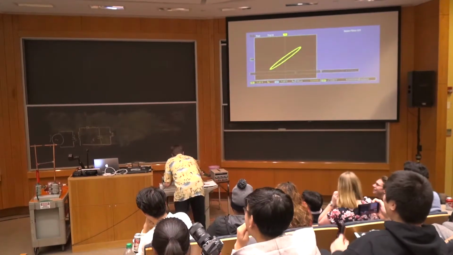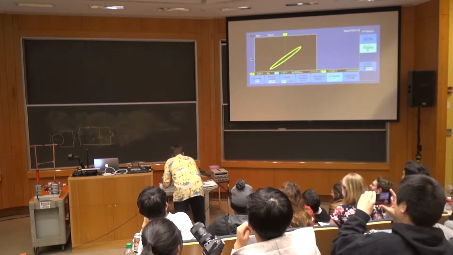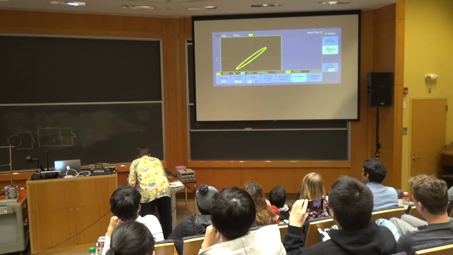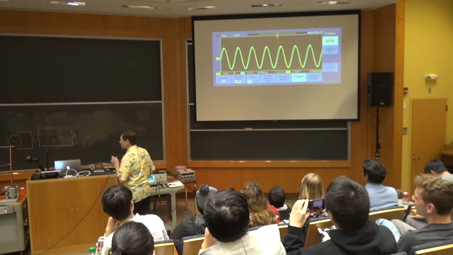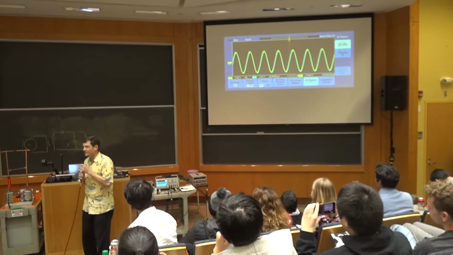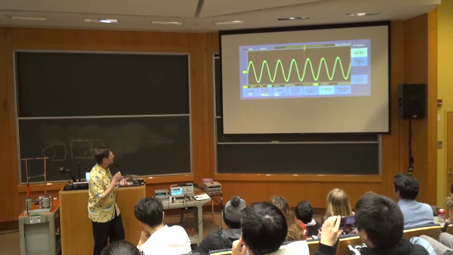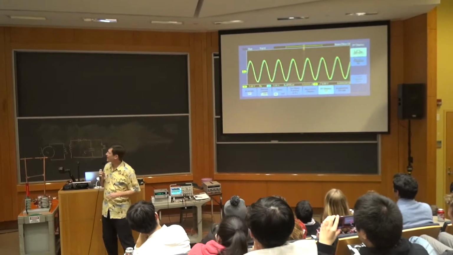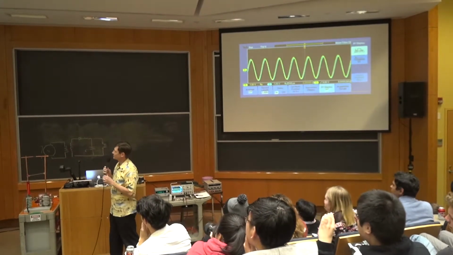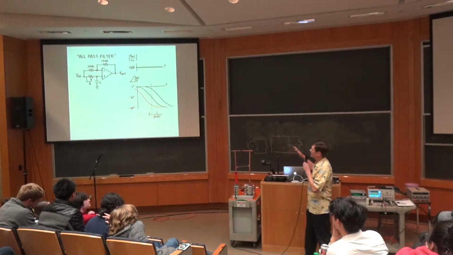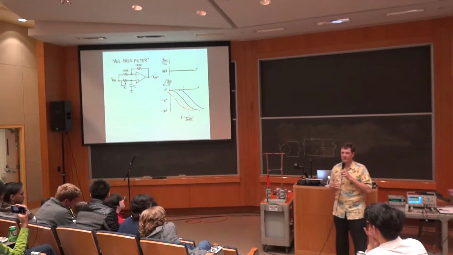What I can do here, let's see. So here on the scope, we're showing in the time domain the two waveforms, the input and the output. I'm coming in at about 8 kilohertz, and I've made one of these resistors adjustable so I can change that minus 90 degree phase from one frequency to another.